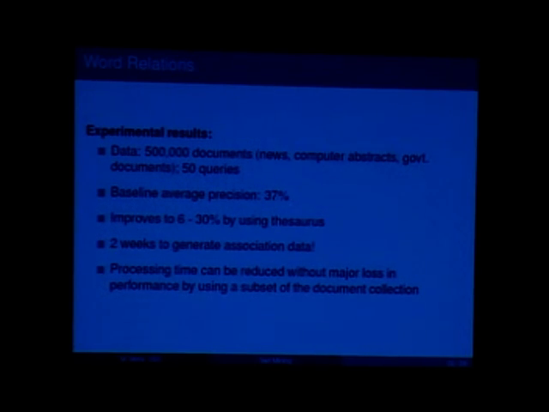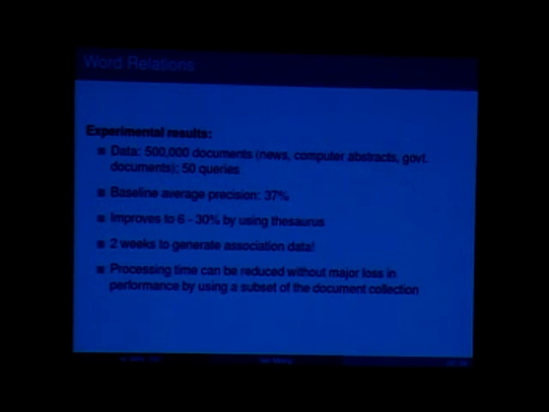But overall, on average, experiments show that this works reasonably well. Not all examples are as happy as the one I showed there, but on average, an experiment with 500,000 documents and 50 queries showed that you could obtain reasonable improvements using this kind of method, except that this work is fairly old, mid-90s, I should think.